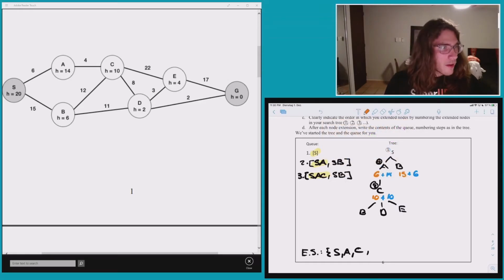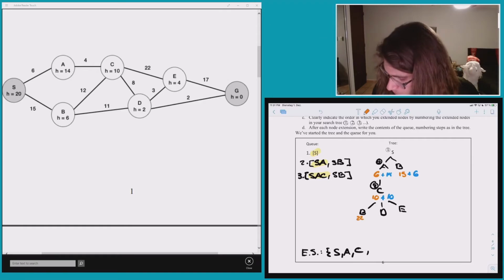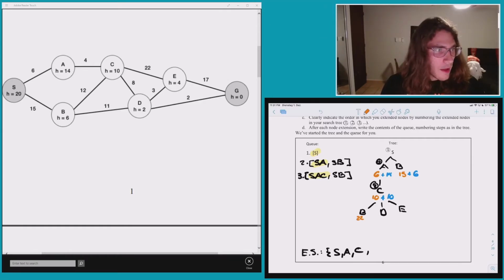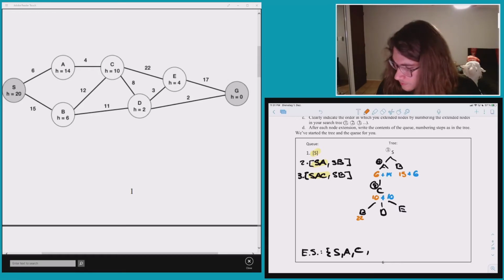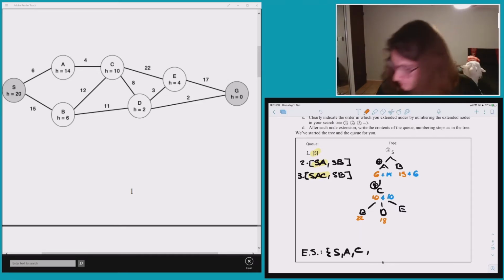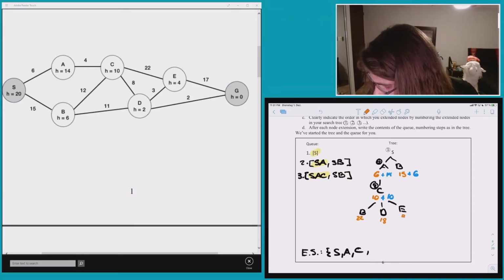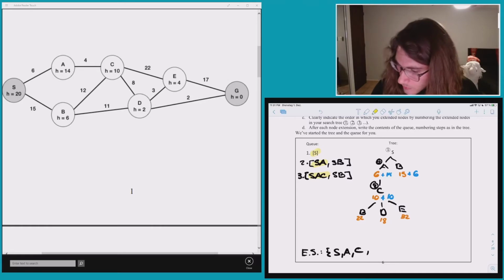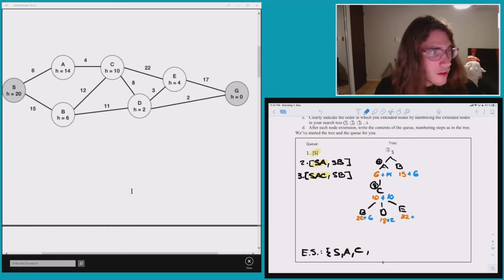So the path length up to B is 22. The path length up to D is 18. And up to E, it's 32. 10 plus 22. Yep. Whoops, 32. And then to incorporate the heuristic estimates, the heuristic estimate at B is 6. At D, it is 2. And at E, it's 4.